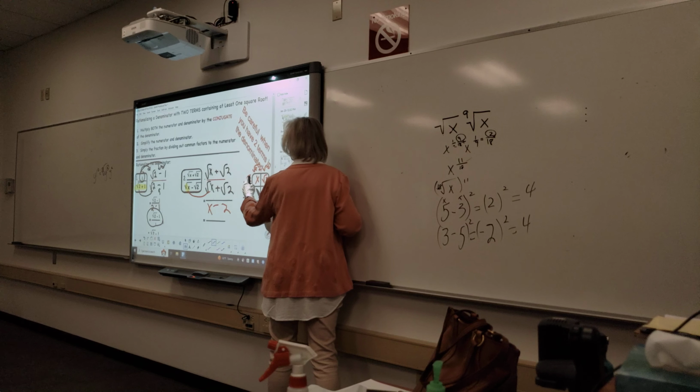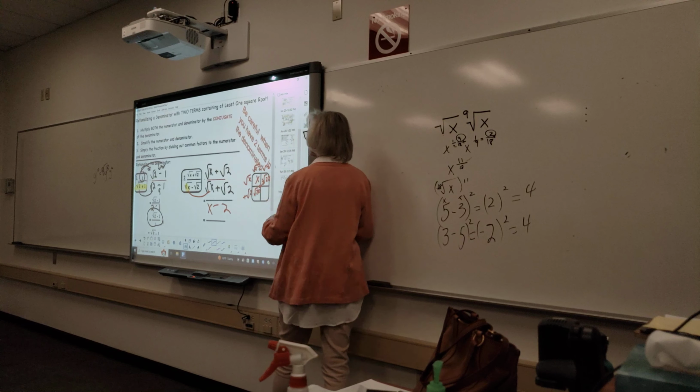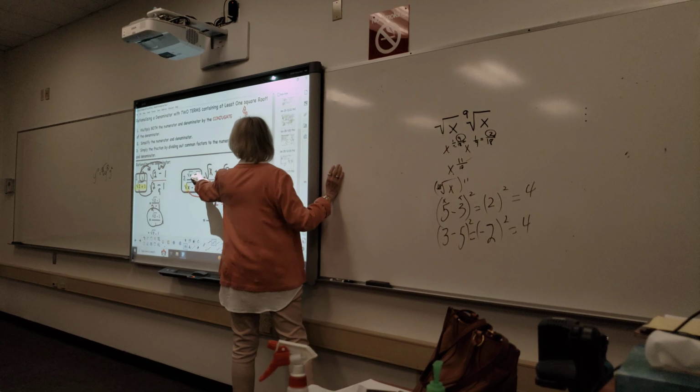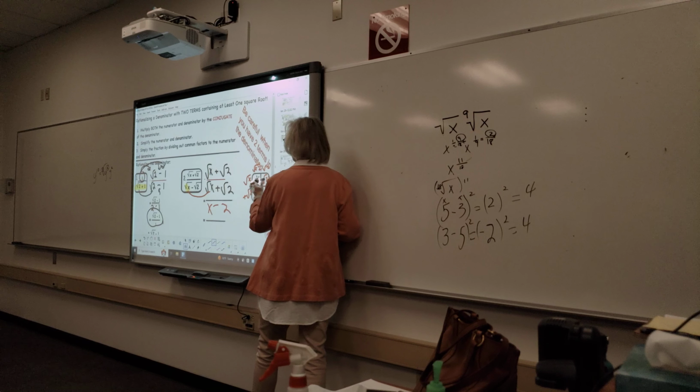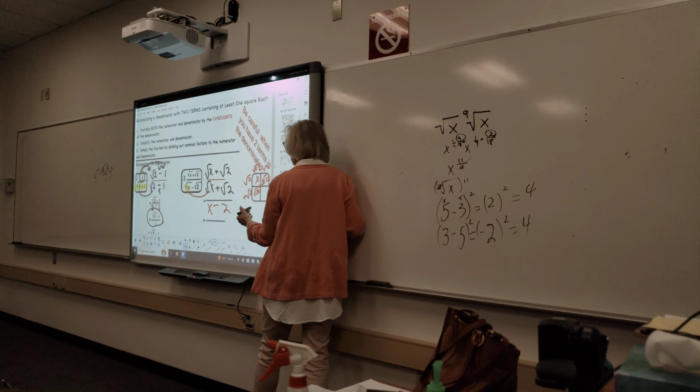Multiply radical 2 times radical x. What do you get? Radical 2x. The diagonals are going to be the same because this is a binomial squared. These are identical, so these two better be the same. Radical 2 times radical 2 comes out as a 2.